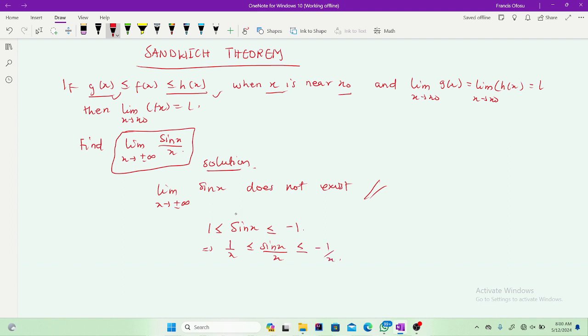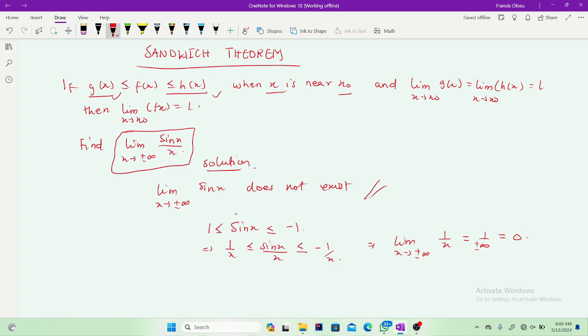Then at this point, if I find the limit as x approaches infinity of each of these components, the limit as x approaches plus or minus infinity of 1 over x, what am I getting? I'm getting 1 over infinity, positive or negative, and obviously this will give me 0.